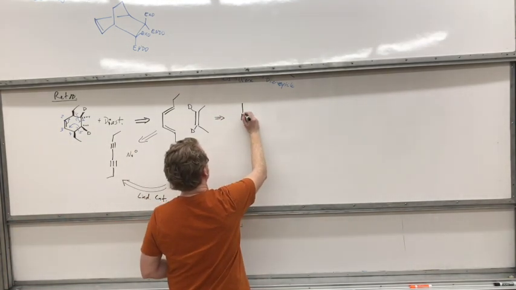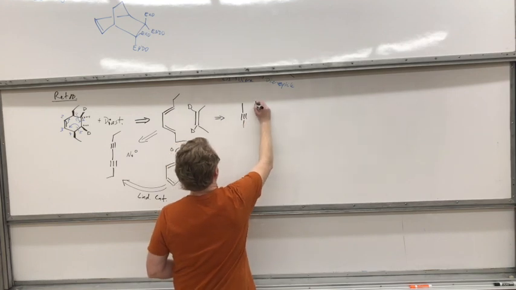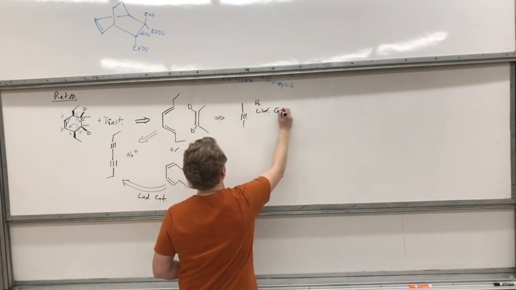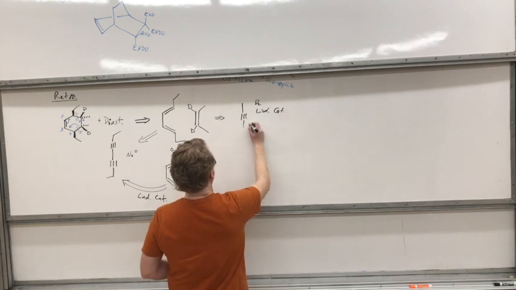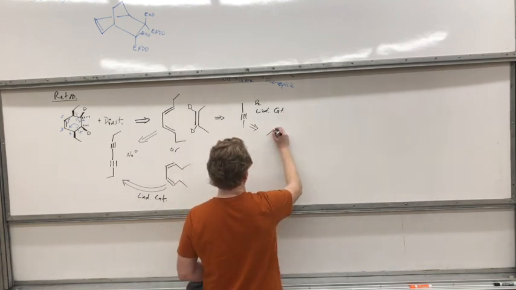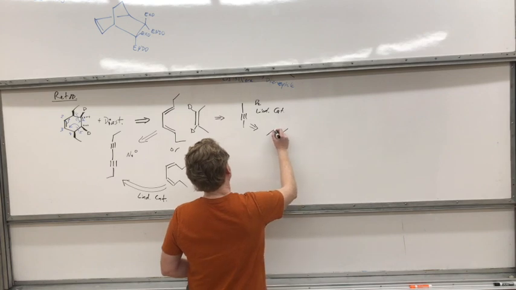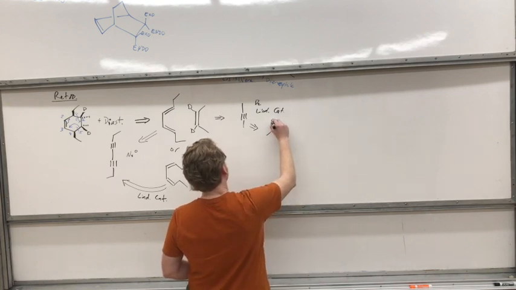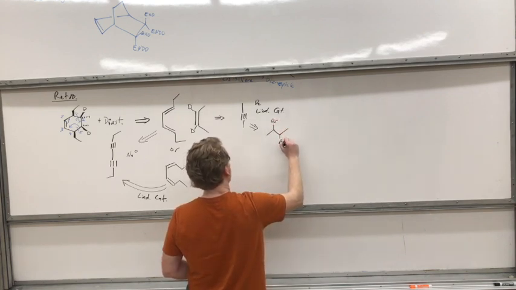This can come from an alkyne with D2 and Lindlar's catalyst, right? And then the alkyne can come from the dibromide. I'll leave off the stereochem for now. I'll add it later.